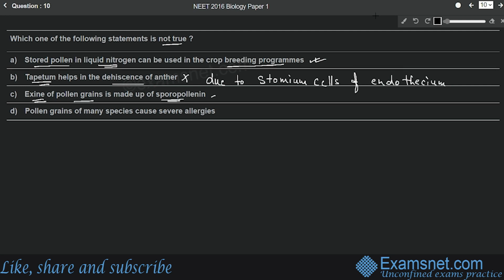This is again a correct statement. Exine is the outer layer, intine is the inner layer. Okay. So this is made up of sporopollenin. Now the last statement says pollen grains of many species cause severe allergies. This is also a well-known fact, right? So the only incorrect statement is the second one, that is option B will be the correct answer here.